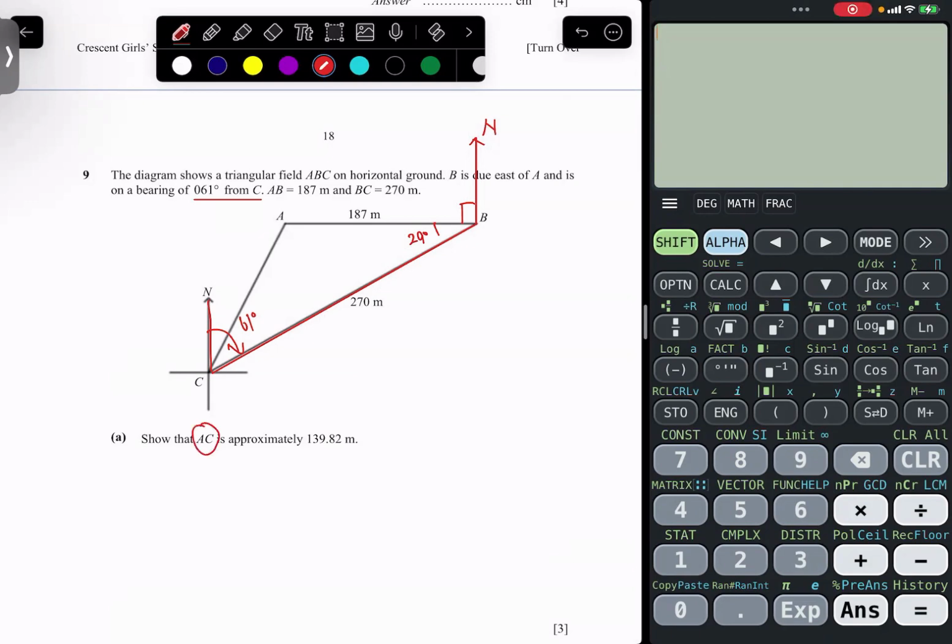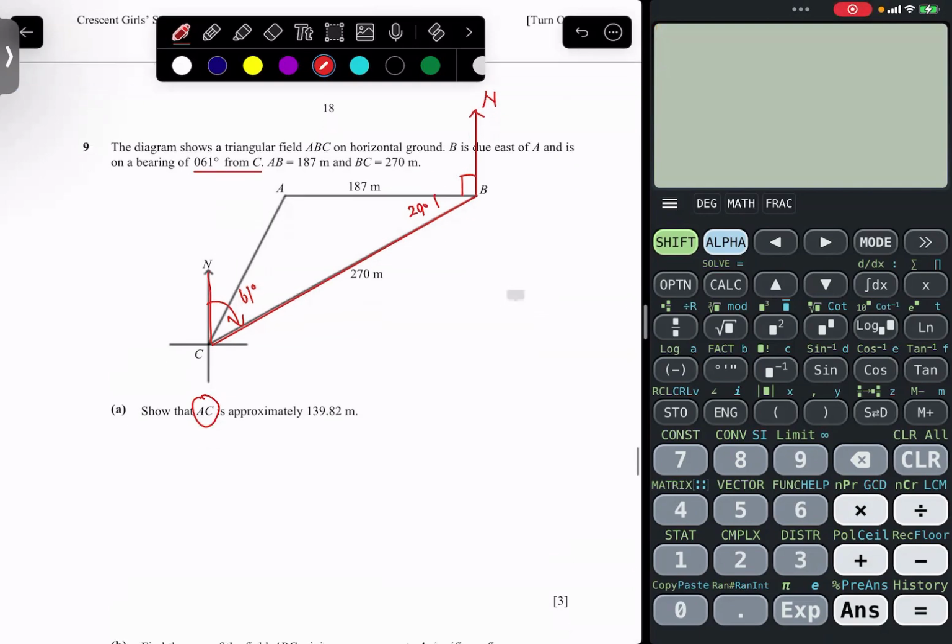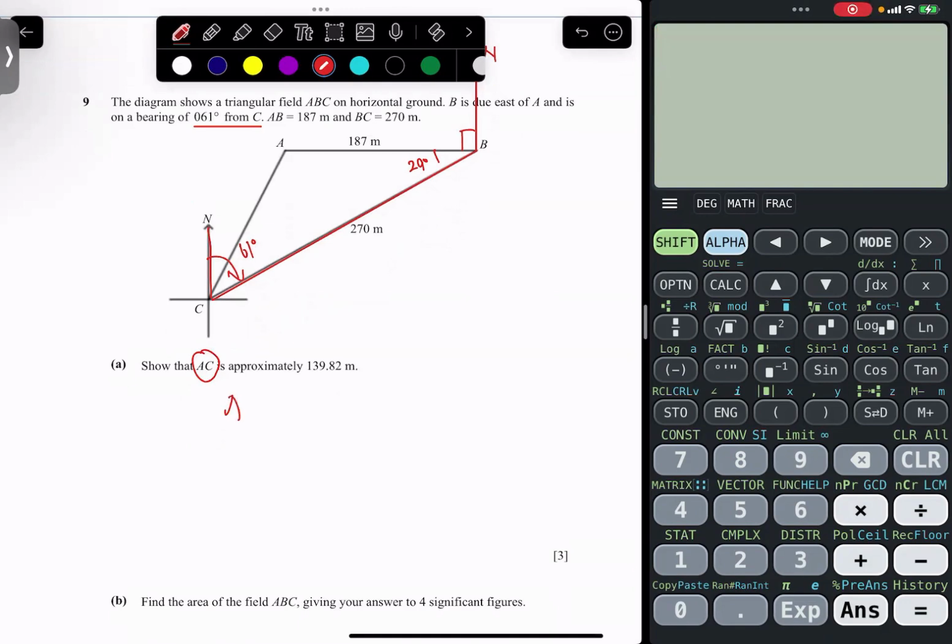Show that AC is approximately 139.82. Okay, so AC, cosine rule, equals square root of 187 squared plus 270 squared minus 2 times 187 times 270 cosine 29.